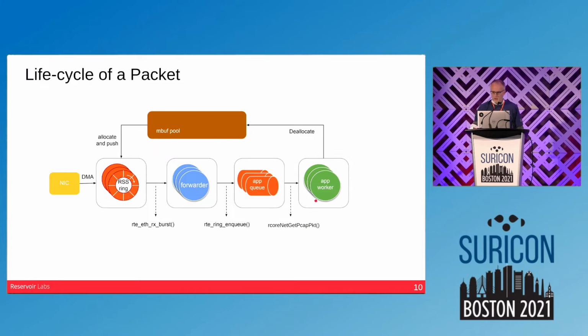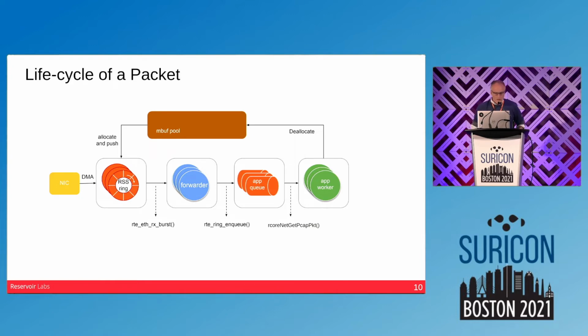And then once it's done with the packet, then of course there is the deallocation process. Then there is the mbuf pool. Mbuf stands for basically a packet structure, and then you allocate it back, and then you refill the RSS rings for more packets to be DMA'd into those mbufs, basically.